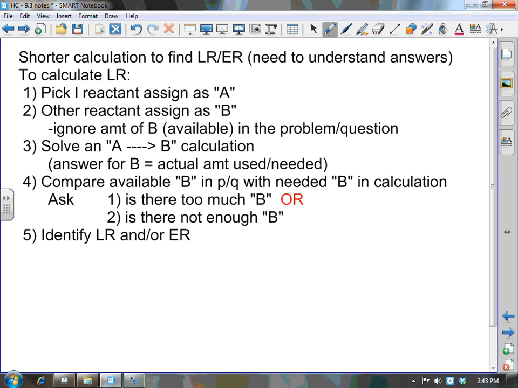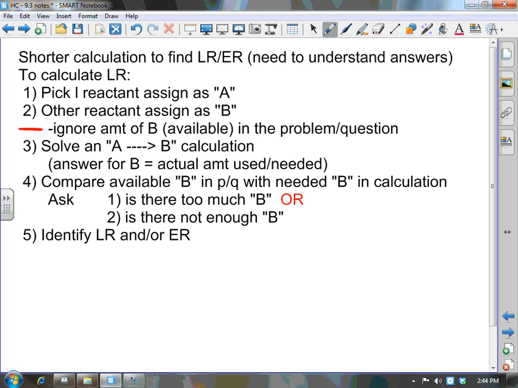But to do the shorter calculation, what you want to do is pick one of the reactants and call it chemical A. Doesn't matter which one. The other one you're going to call chemical B. And what you're going to do, and this is the hard part, is ignore the amount of B that's given to you in the problem or question. Just ignore it.